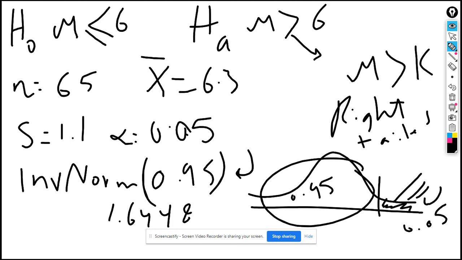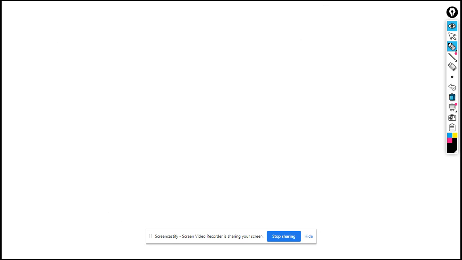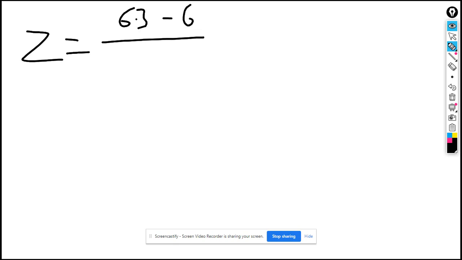So now I get the z value for this. If it's split, I have to get two values. Now I have to calculate the z value. The average was 6.3, and my mu was 6.